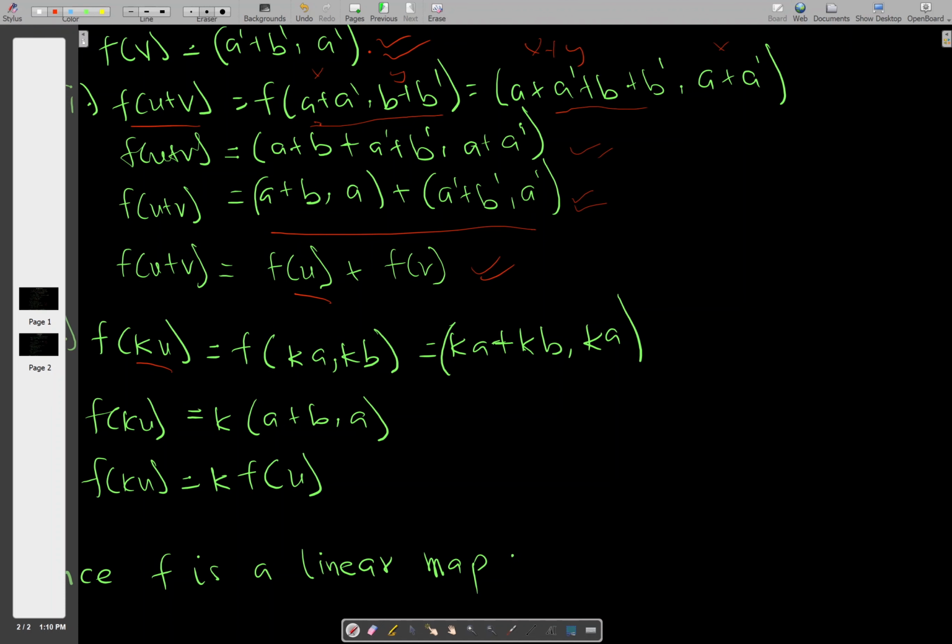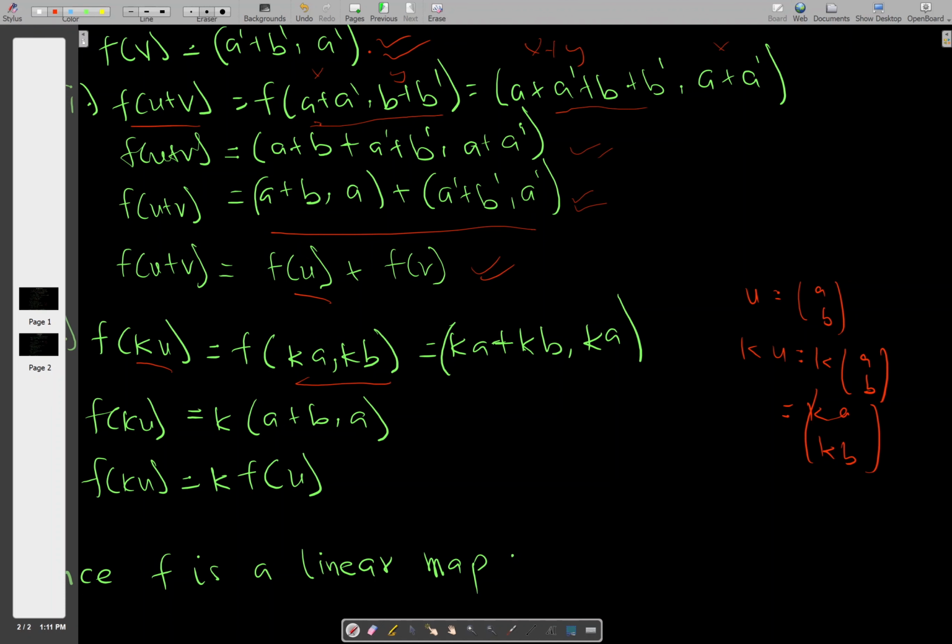Then we perform the operator f on it. So we have f of ku. We see our u is given by (a, b). So when we multiply the scalar k by u, we have k multiplied by (a, b), and this is the same as (ka, kb). So we can replace ku by (ka, kb).